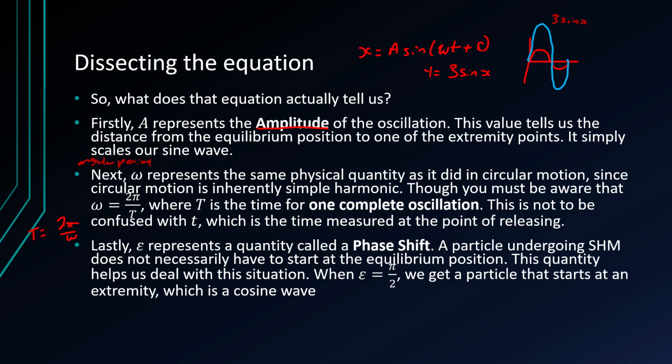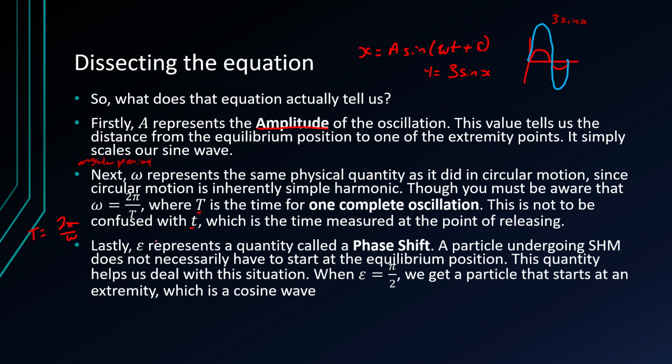Those both still hold true in simple harmonic motion, where T is the time for one complete oscillation. So you can think of T as seconds per oscillation, and omega as oscillations per second in a way. This little t and big T mean different things, where little t is the time after we started tracking, whereas capital T is the time for one complete oscillation.